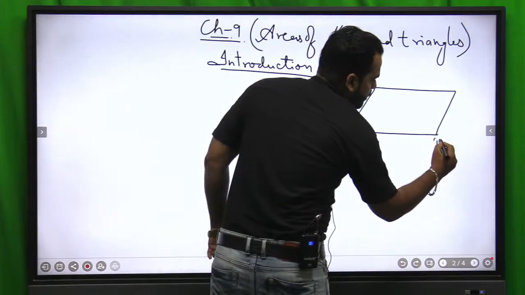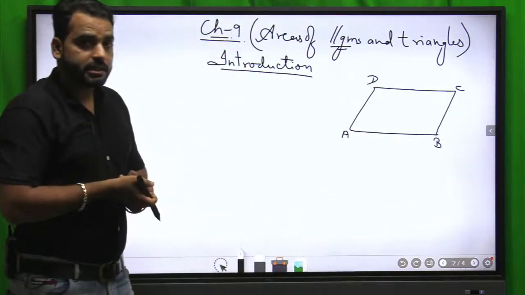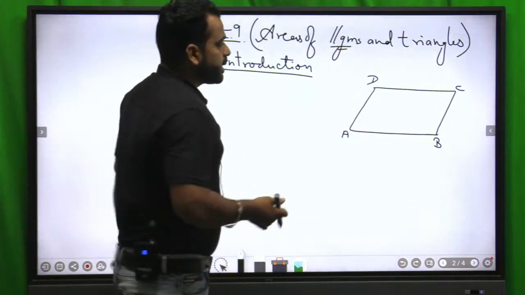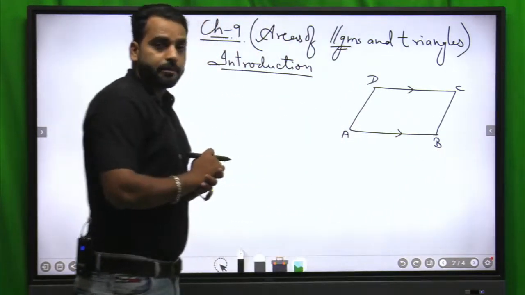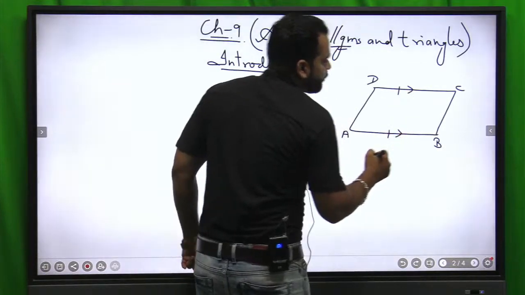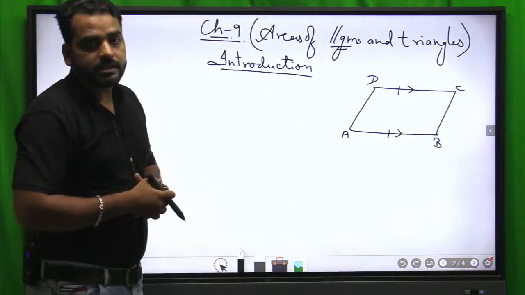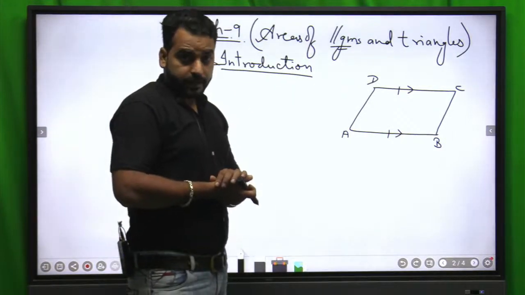We can name it ABCD. If ABCD is a parallelogram, then the opposite pairs of sides are parallel. Also, if only one pair of opposite sides is parallel and equal, then the quadrilateral is also a parallelogram, right?